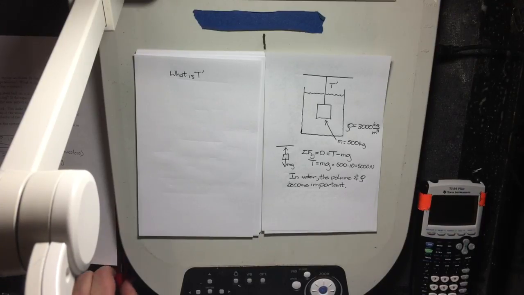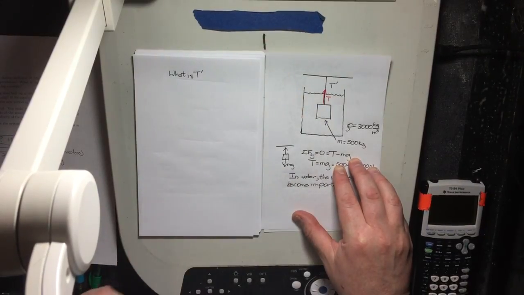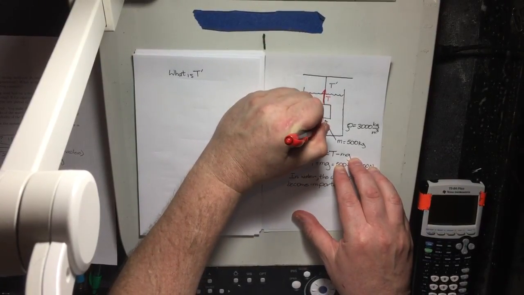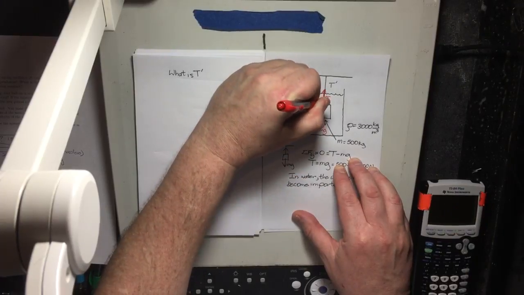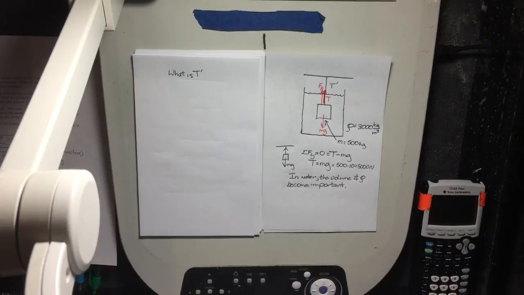To use a force diagram, you have the tension of the cable up, you have mg down, and you have the buoyant force pulling up. Those are the only three forces acting on it. Now, in all these fluid type problems, it's going to be static.